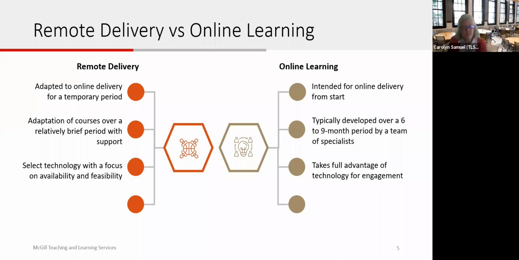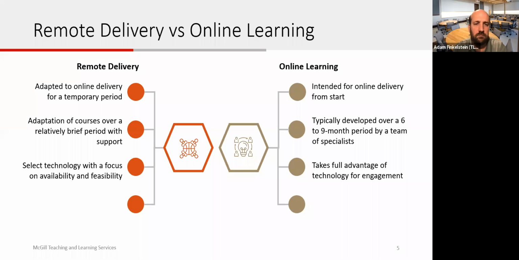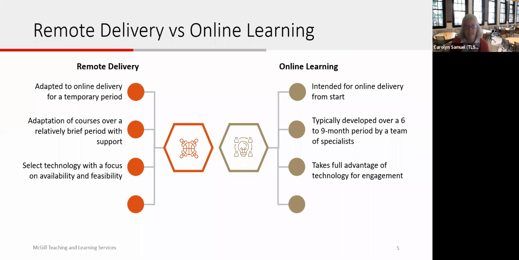And that's in contrast to online learning, where one might avail oneself of many, many other tools that may not be familiar to us at this time. But we're going to stick with what we know. And then finally, students didn't enroll to learn remotely necessarily, in contrast to online learning, where students had an expectation of learning online. So an important takeaway, we're talking about adapting, we're talking about something that's temporary.